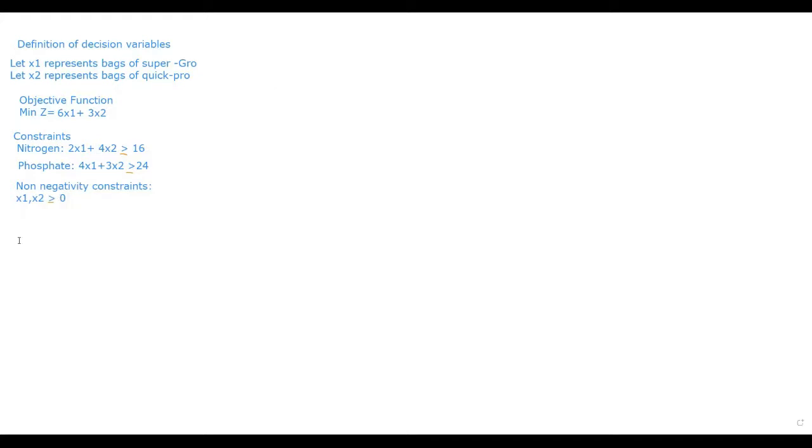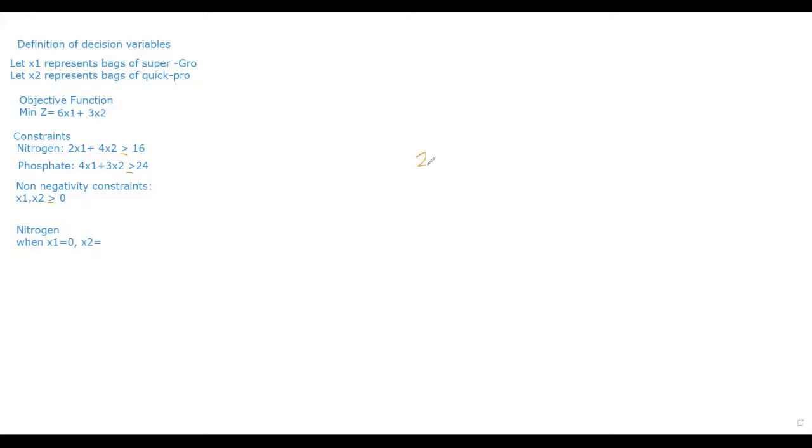Now that we are done, we are going to develop the coordinates from the constraints. Under nitrogen, when x1 is 0, let's see what x2 becomes.